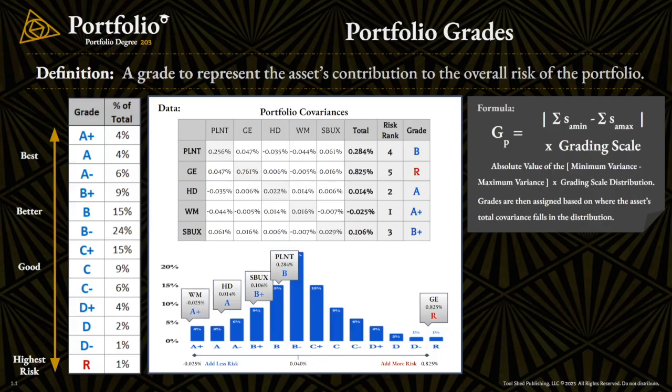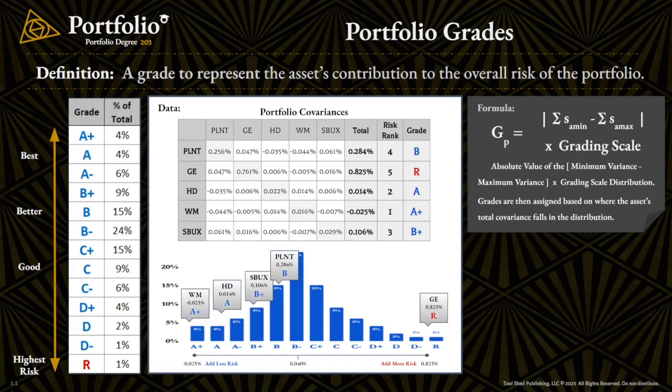And what's important to understand with portfolio grades is that just because you have an A+, or an A in this particular instance, having a whole bunch of them on the high end is not necessarily a good thing. This is just a way to represent risk. And it's true that if you have a whole bunch of assets that are B's or C's, that means that your portfolio's risk is more evenly distributed.